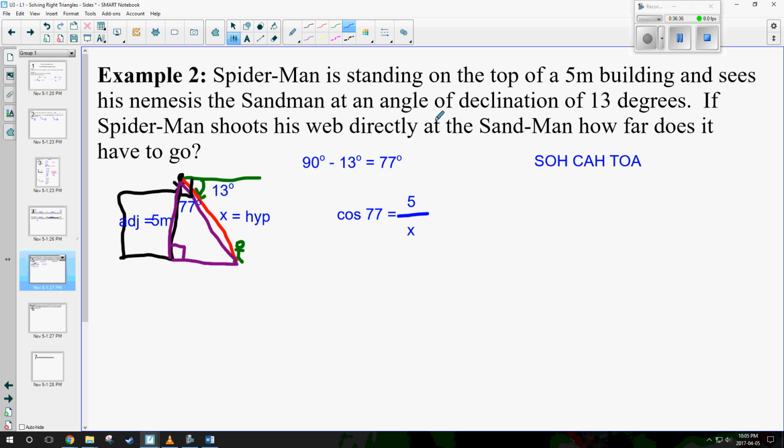Now that we have our equation set up, we need to look at how to solve. We notice that x is on the bottom of our fraction. Remember, when x is on the bottom of the fraction, we can always use that trick: to solve for x, we switch the x value with whatever is on the other side of the equal sign. So we get x equals, and on the other side we still have the 5 up above, but now instead of divided by x, it's divided by cos 77.